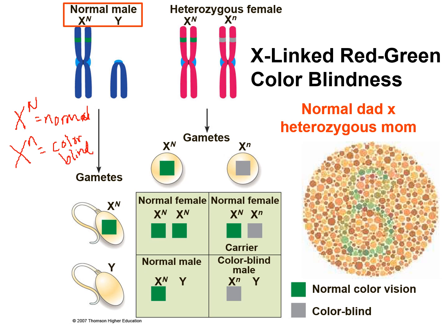Okay, so our father has normal vision, so we've got the dominant allele. And then the mother also has normal vision because she's a heterozygote. So she's got the dominant normal allele, and that's going to mask that recessive allele. So she's going to have normal vision. Okay, but she's what we call a carrier.